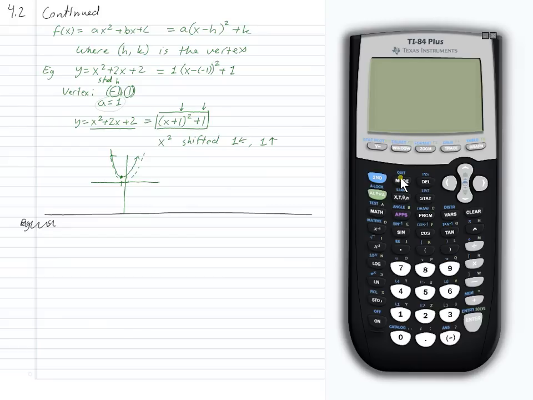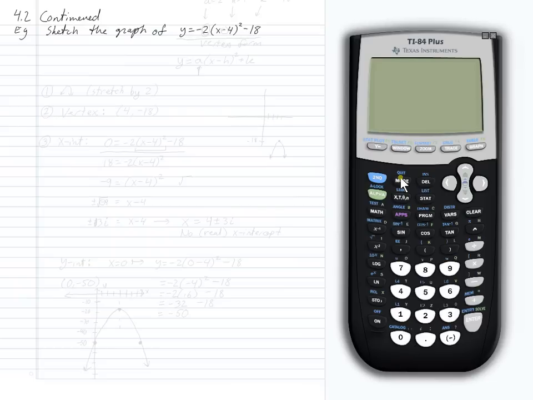Now, the leading coefficient, if there is something more interesting going on with a, we would perhaps see a vertical reflection, or maybe a vertical stretch or compression. So let's take a look at one of those. So here we're going to look at a parabola whose equation is given in vertex form.